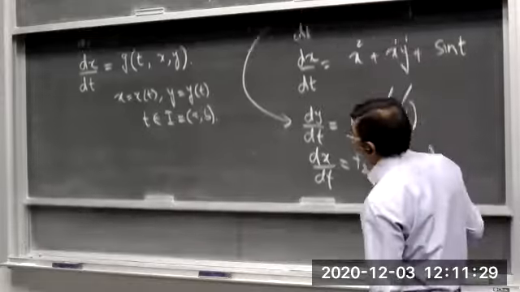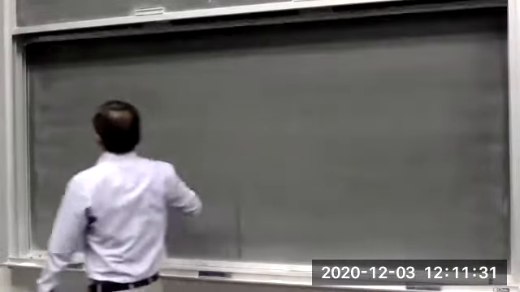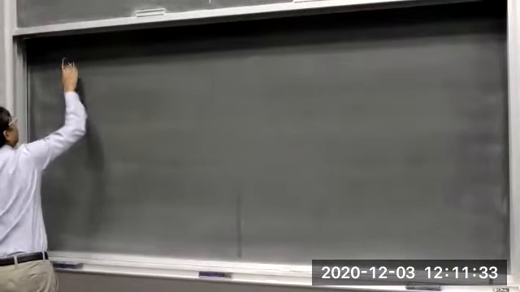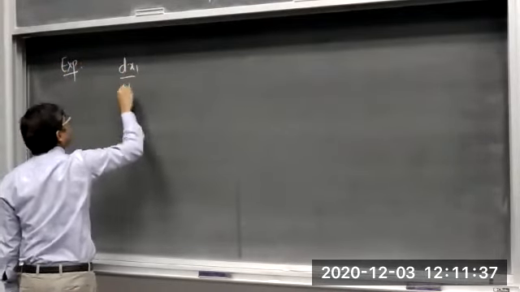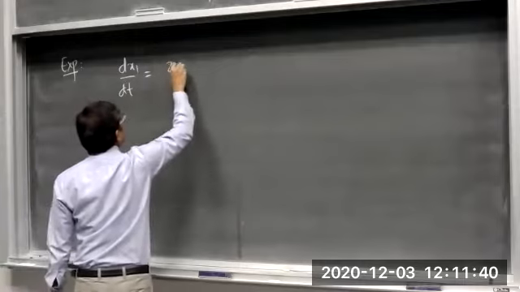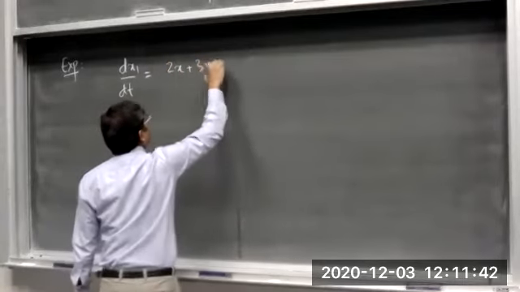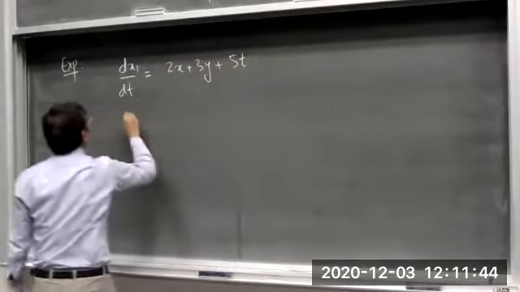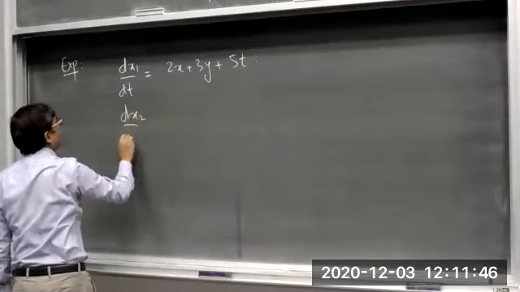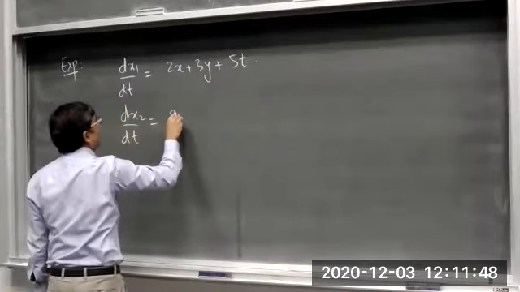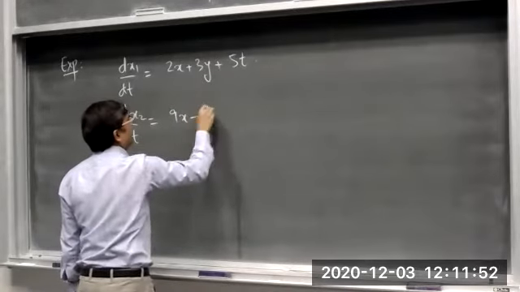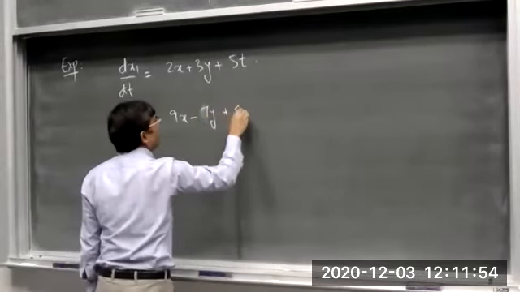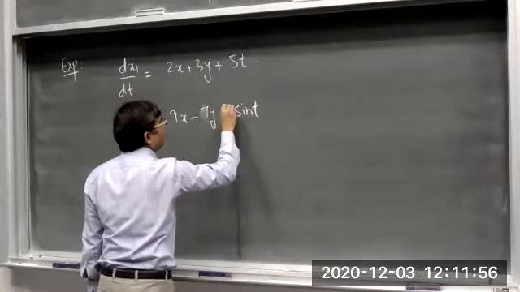see another example. For example, we write here a system: dx1 by dt is equal to 2x plus 3y plus 5t, and dx2 by dt is equal to 9x minus 7y plus sine of t, and here you have 2.